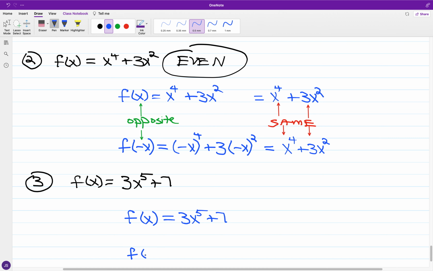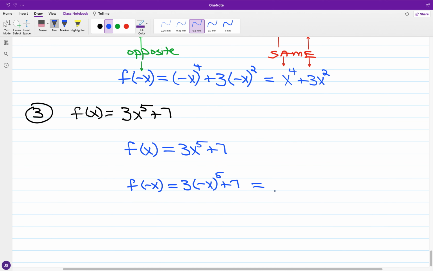And for f of negative x, you have 3 times the fifth power of negative x plus 7. Now, negative x to the fifth is going to be minus x to the fifth, multiplied by 3. So we're going to have a negative 3x to the fifth plus 7.